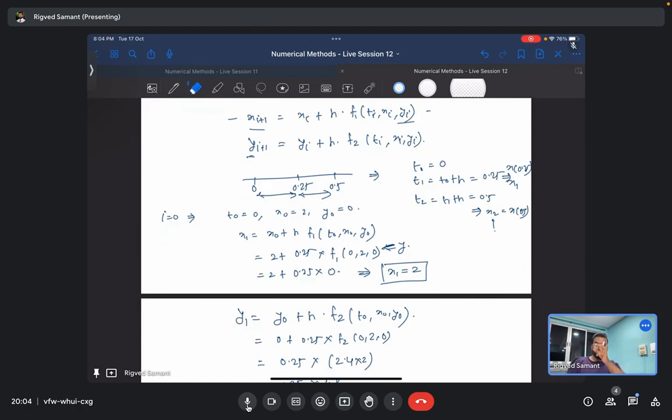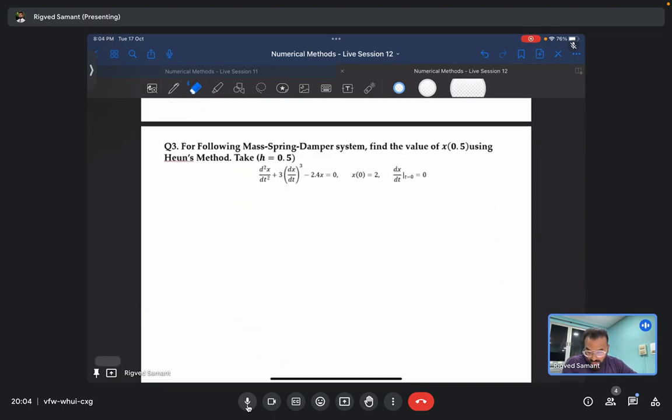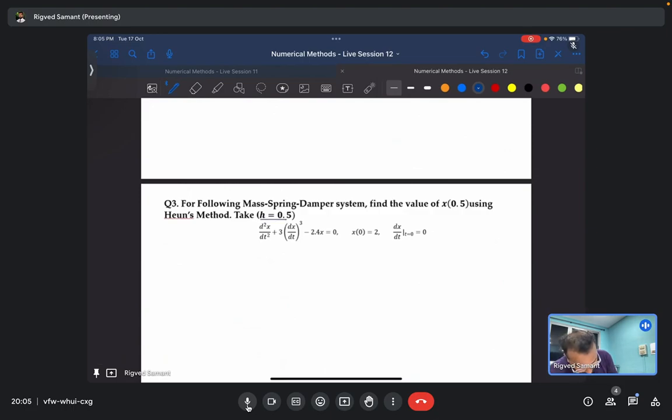So basically slope at the start, slope at the end, and the average of it, k1 k2. So obviously we can extend it. It would be a bit tricky, so we'll go solve that also, and then we'll get an idea how it is actually improving the results.